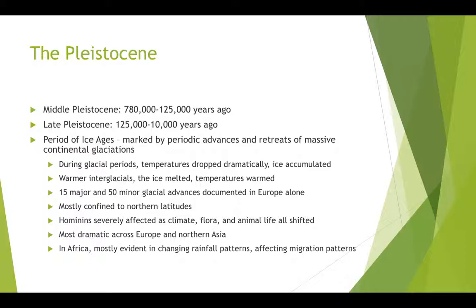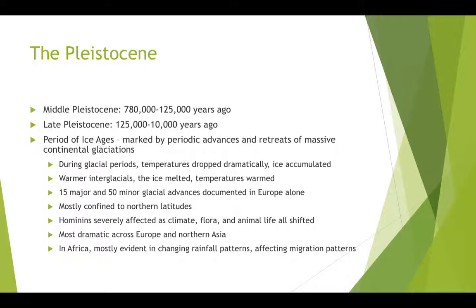And so when we look across Europe and northern Asia, we find a very dramatic impact of the movement of these glaciers. In Africa, it's most evident through these changing rainfall patterns. And so both the movement of the glaciers and these changing rainfall patterns affect migration patterns. So one thing that we have to consider in Africa, of course, is the extent or the reach of the Sahara, the Saharan desert.